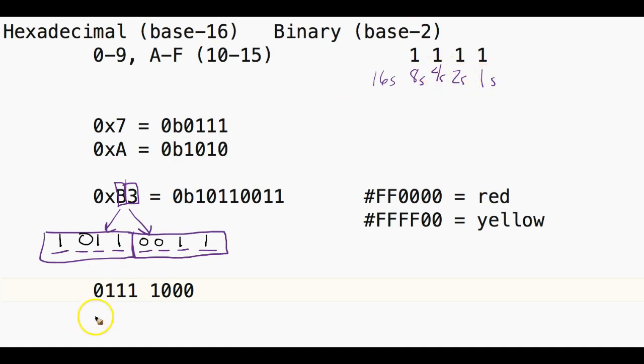So that is going to be a 7. 1, 0, 0, 0 is an 8, so that's an 8. So in binary 0111 1000 is 78 in hexadecimal. All right.